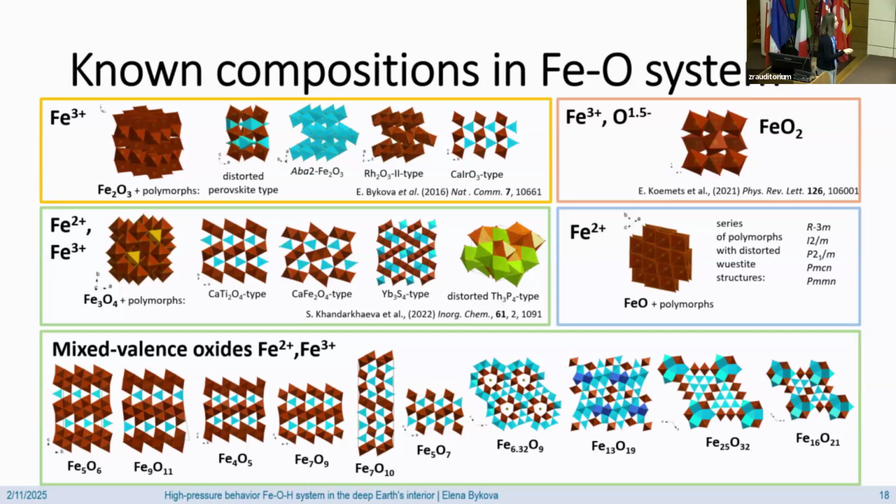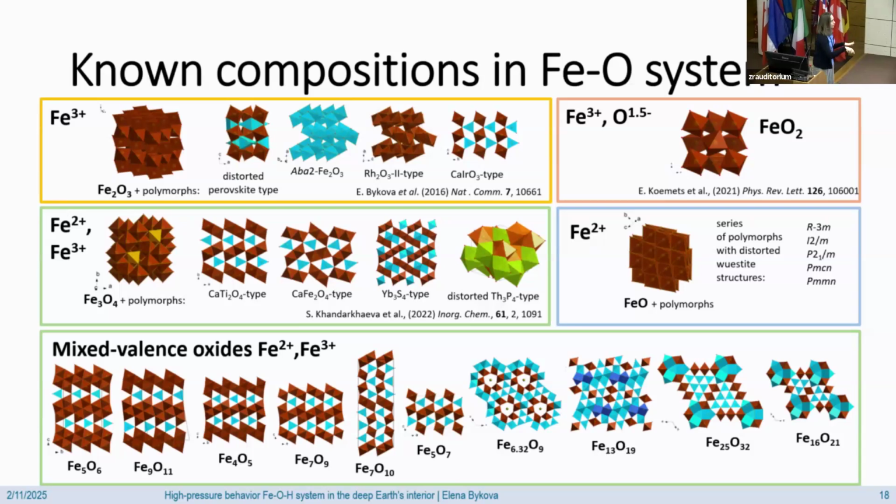Also, there are huge possibilities to have very weird iron-oxygen ratios in these oxides stabilized by different pressures. And in principle, there is also a possibility for oxygen to change the oxidation state and stabilize an oxidation state lower than 2 minus, for example, 1.5 minus. That's realized in the FeO2 compound. I will discuss it a little bit later on.